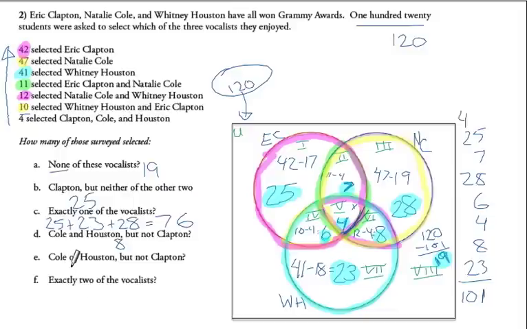The next question says Cole or Houston, but not Clapton. So remember, or is the union, so we take both circles of Natalie Cole and Whitney Houston, and then but not Clapton means we subtract out the Clapton circle right here. So it's going to be just 28 plus 8 plus 23.